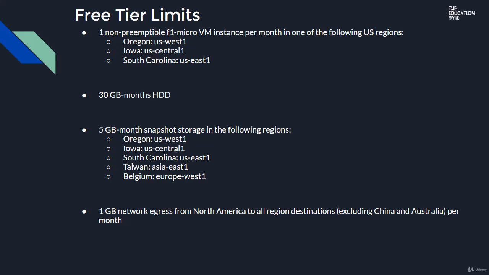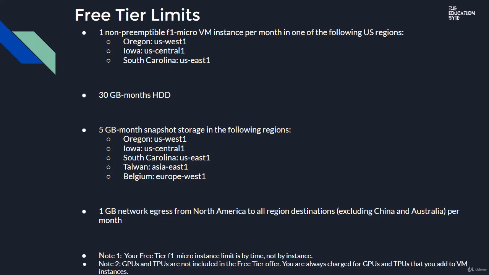Egress is data out. And note that your free tier F1 micro instance limit is limited by time, not by instance. So each month, eligible use of all your F1 micro instances is free until you have used a number of hours equal to the total hours in the current month. And usage calculations are combined across the supported regions. Google Cloud free tier does not include external IP addresses.